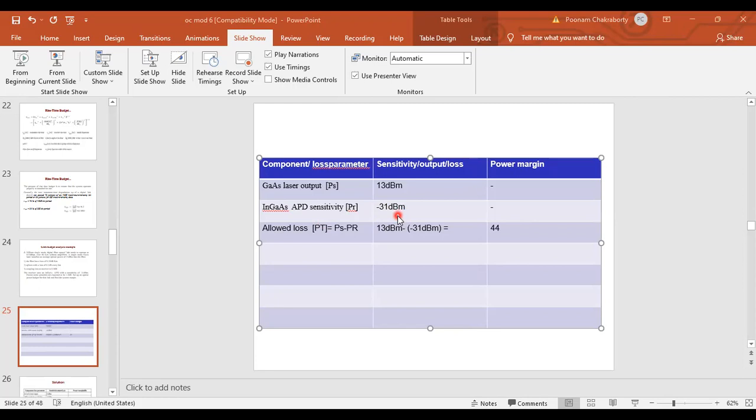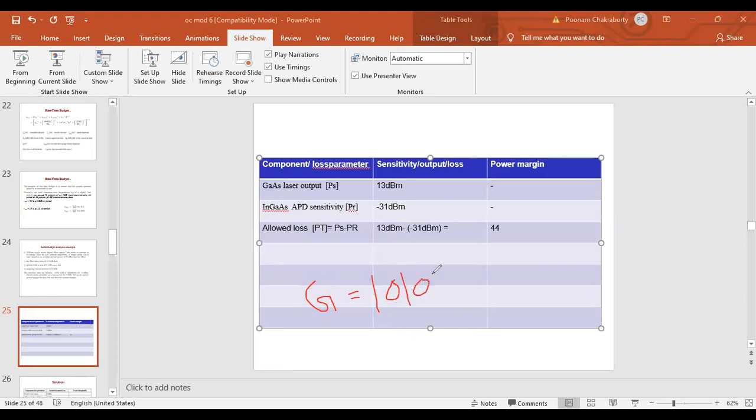So how do I calculate dB? Suppose I calculate gain in dB. What I say is 10 log to the base 10 of P out upon P in. That is how I calculate. I'll just write it if you are not understanding. So suppose I'm calculating the gain, I'd say 10 log to the base 10.